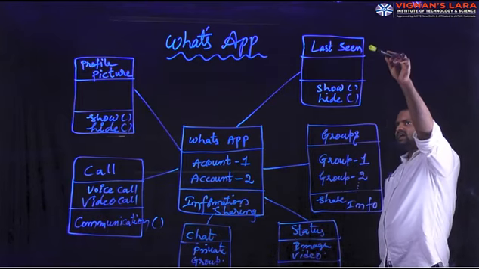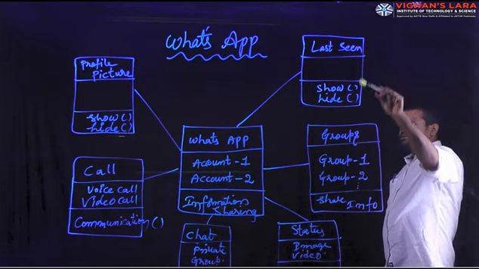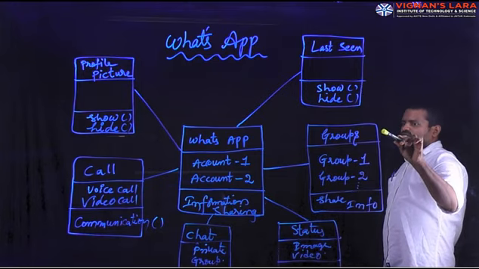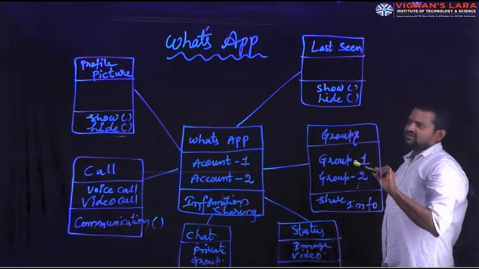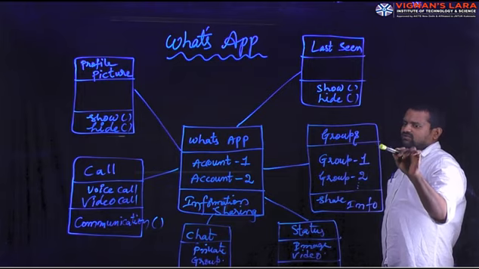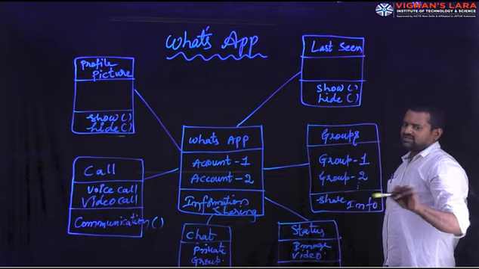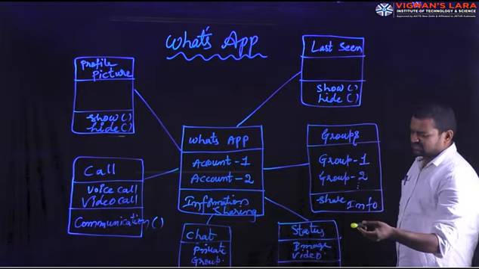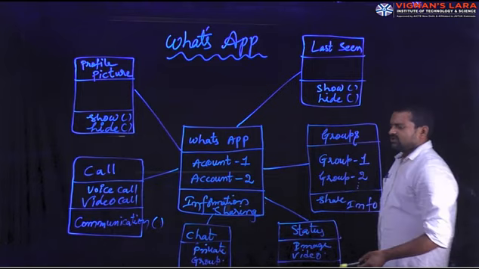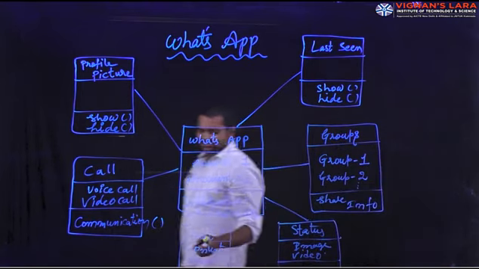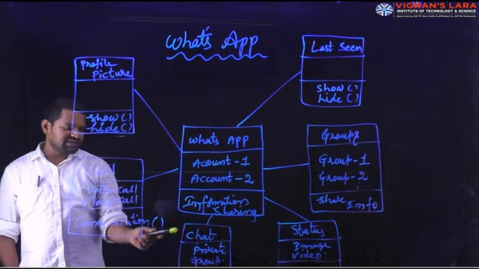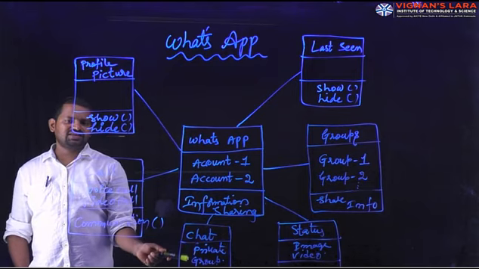Okay. So lastly, the name of the class, and which shows or hides the group information available in WhatsApp. You have to write group 1, group 2 and share the information like this, and also status, image or video. You have to write chatting, in the sense of private chat or group chat.